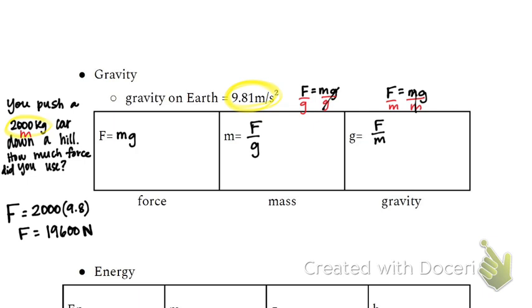The work formula. Okay, at the top of this page, we're also going to add in work. Work was the W, and it's force times distance. So for this one, it's kind of the same idea.